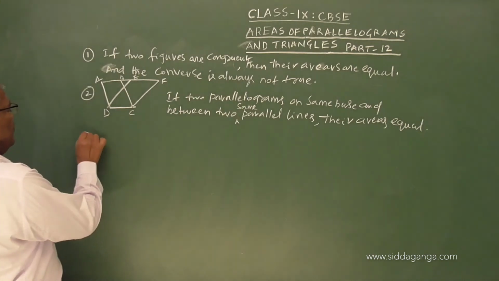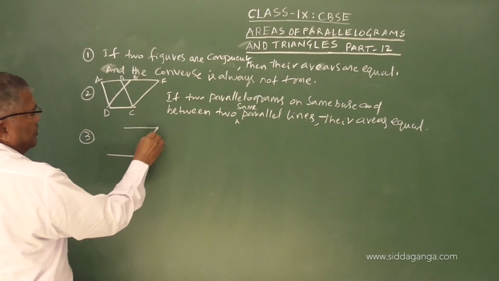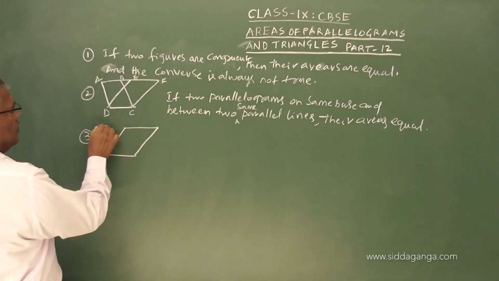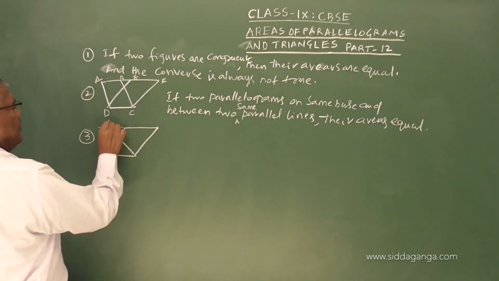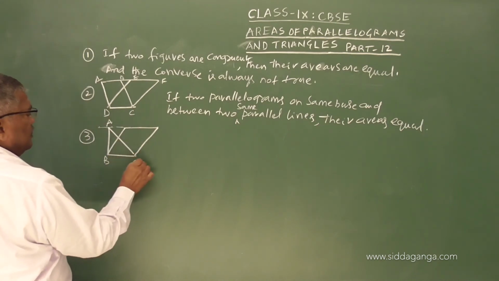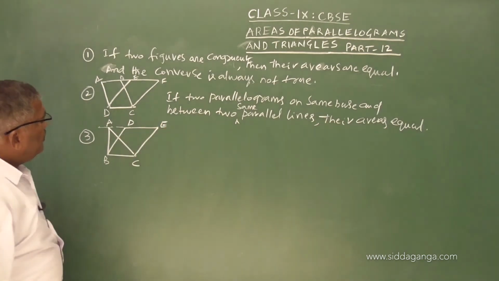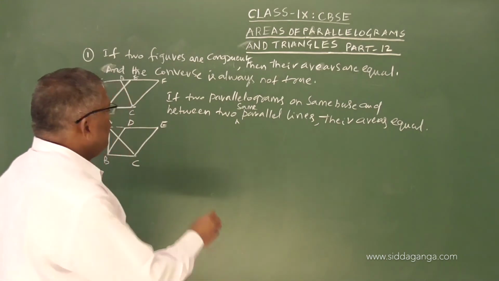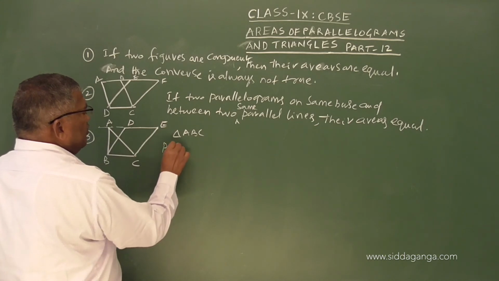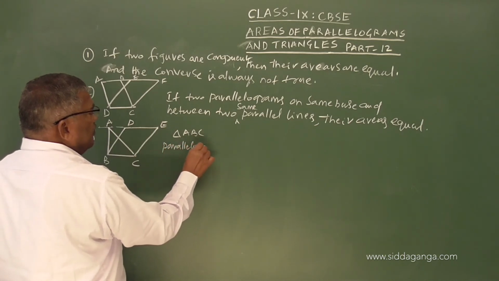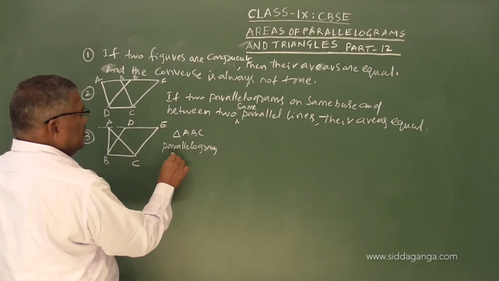And third one. Instead of two parallelograms, suppose this is the same line and a triangle is there. ABC is the triangle, and BDEC is a parallelogram.